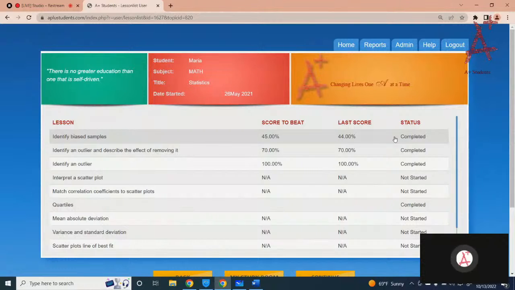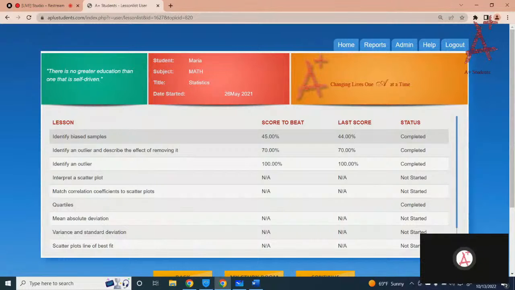So, what is a biased sample? A biased sample is a sample that doesn't accurately reflect all members of the population. Got it?